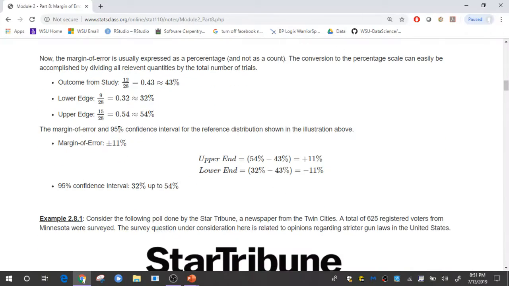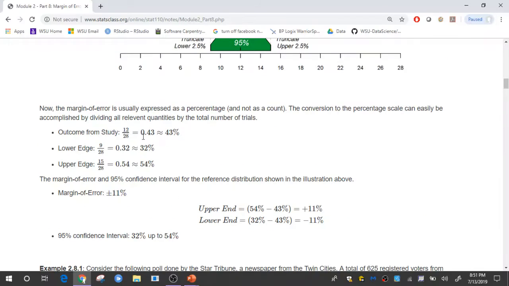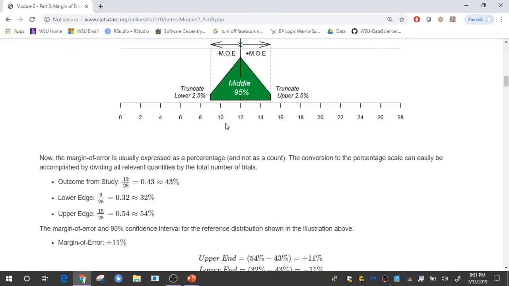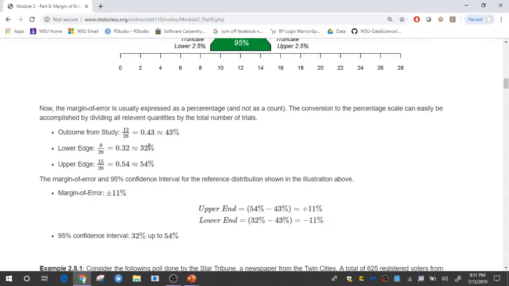So the outcome from the study is going to be 12 divided by 28. That's going to be 43%. The lower edge is going to be simply 9 divided by 28. The upper edge will be 15 divided by 28. So my confidence interval is going to go from 32% up to 54%. That would be a 95% confidence interval for this illustration.